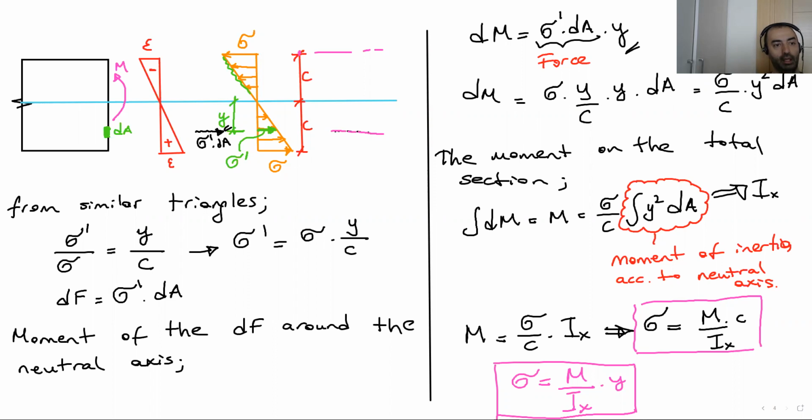That's why the stress will get reduced, will get a smaller value. But at the top and bottom edge, it gets the maximum values. Don't forget this one. And you need to know this equation.